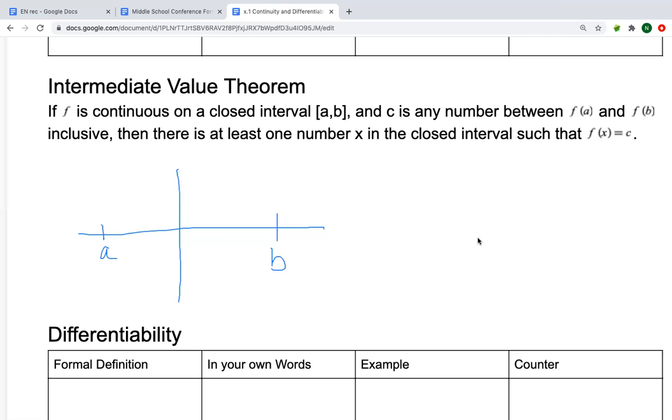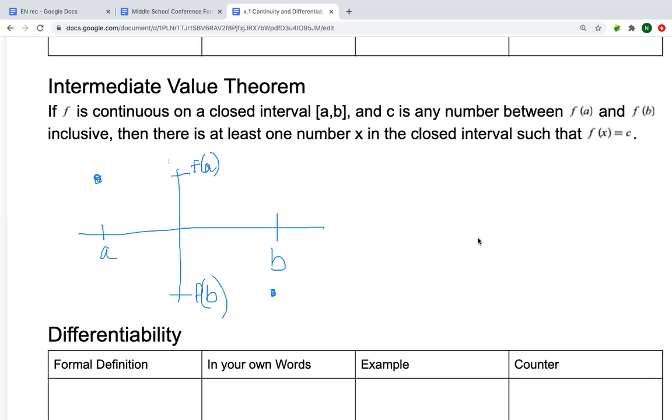So let's say this up here is a dot, let's call this f of a, and there's a dot down here, let's call this f of b. It's saying that somewhere in the middle, there is some x value. The definition says that c is somewhere between these two y values and that x is somewhere between these two values.